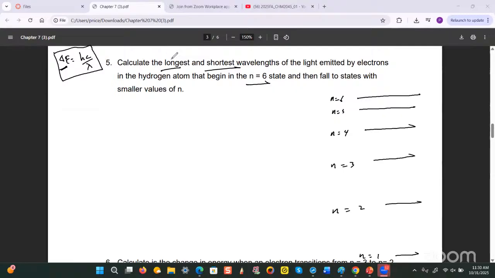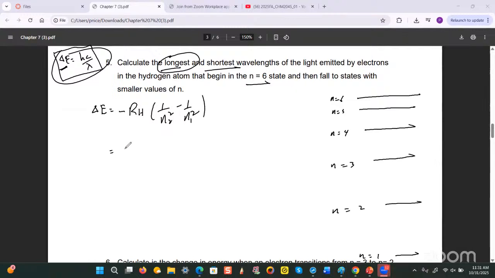So let's deal with calculating the longest wavelength. As I said before, based on this expression, the longest wavelength would correspond to the shortest energy gap when the electrons are leaving from n equals 6. That means the electron is leaving from n equals 6 to n equals 5. That's the smallest energy gap, right? So the equation we're going to use is this form of the Rydberg equation: delta E is equal to minus RH times 1 over n2 squared minus 1 over n1 squared.